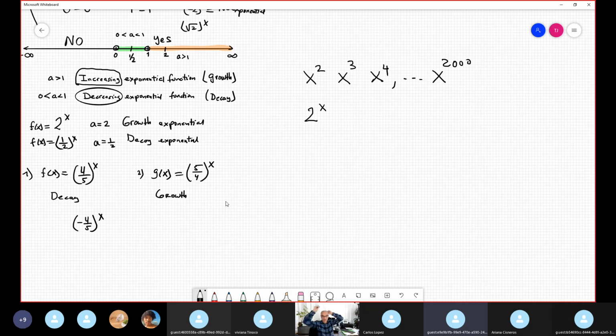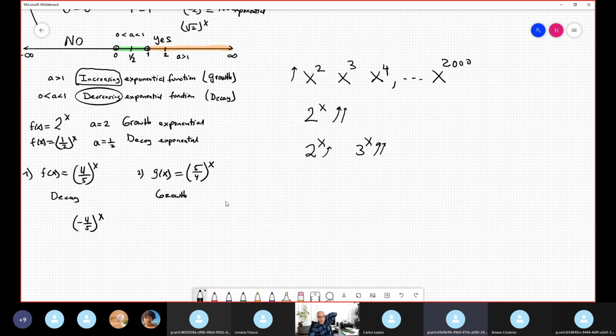The challenge is to determine whether that function is increasing faster than this or not. Maybe you say, professor, you compare two exponentials, 2 to the x and 3 to the x, it's obvious that 3 to the x is increasing faster. This is clear, right?